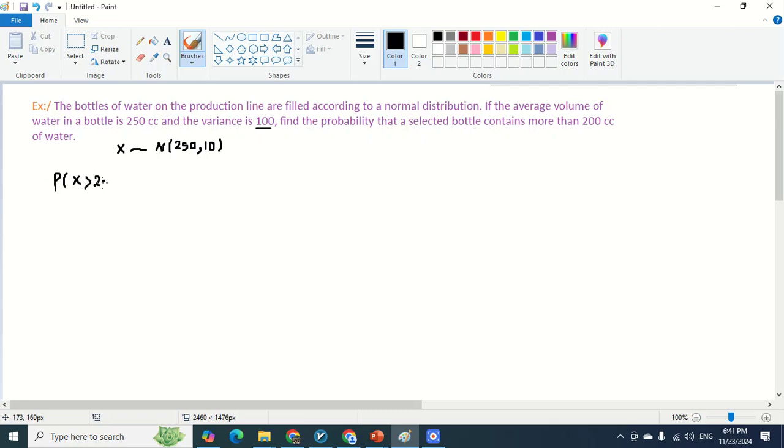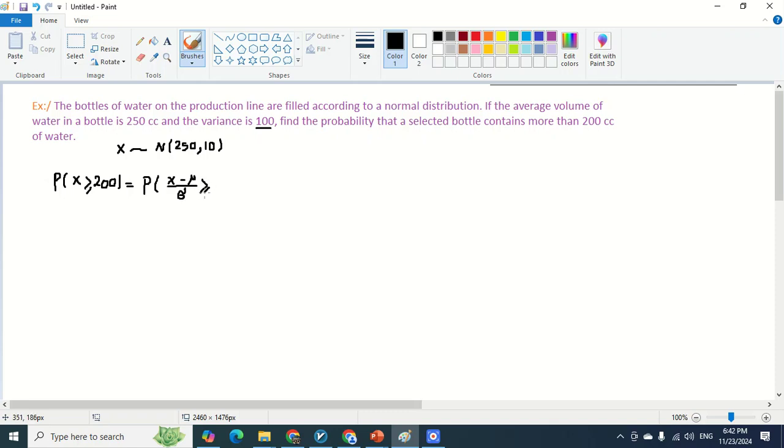Because this is a continuous random variable, the equality does not change the question, meaning this probability with equality has the same value. To evaluate this probability, we should first standardize the variable. So I subtract mu from x and divide the value by sigma, and do the same thing for the value at the right side of this inequality.